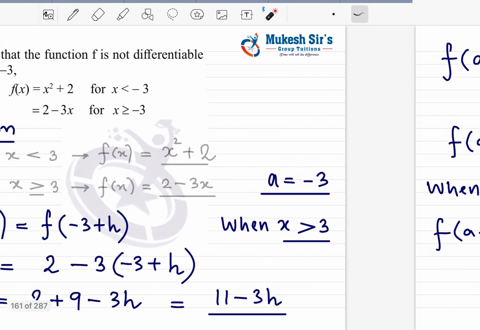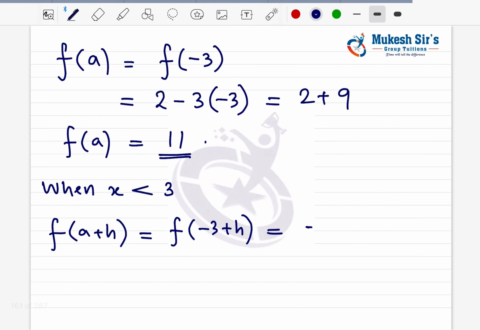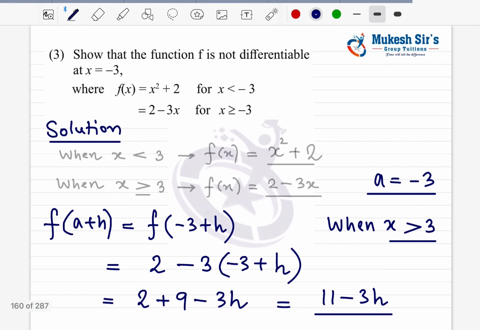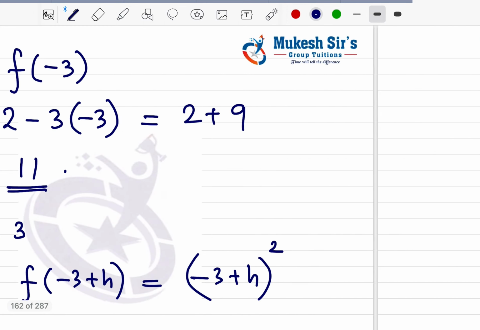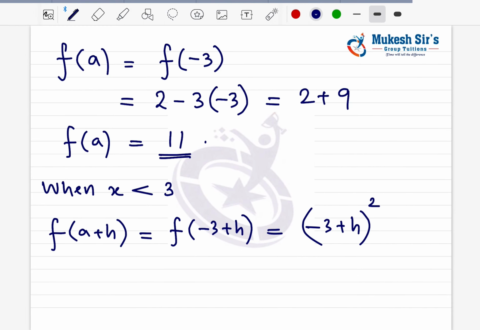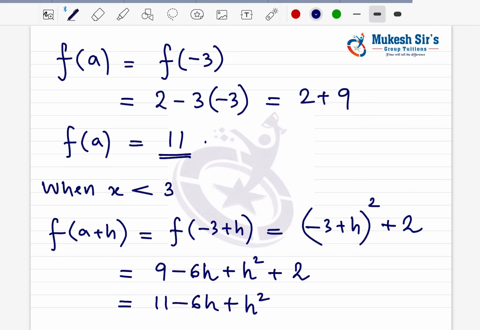So that becomes minus 3 plus h, the whole square plus 2. You can use a plus b the whole square formula. That becomes 9 minus 6h plus h square plus 2. That becomes 11 minus 6h plus h square. Clear?